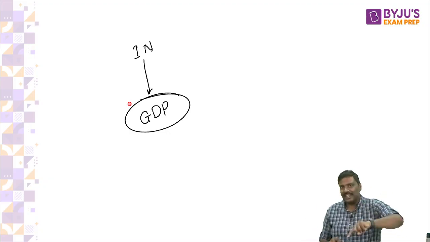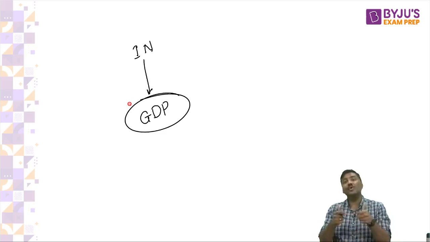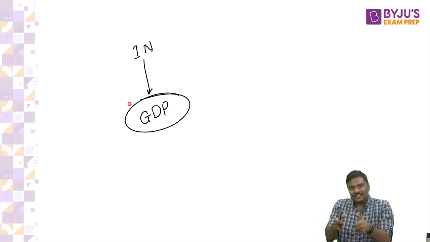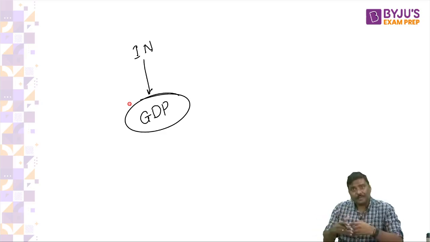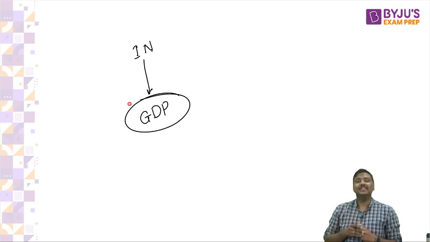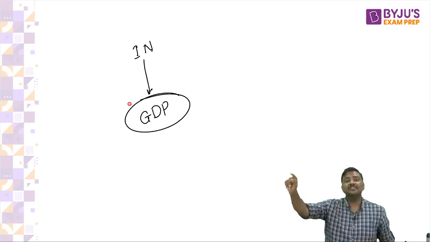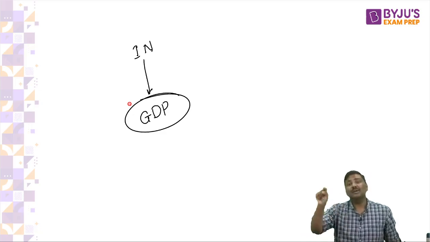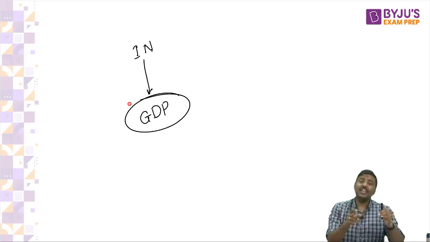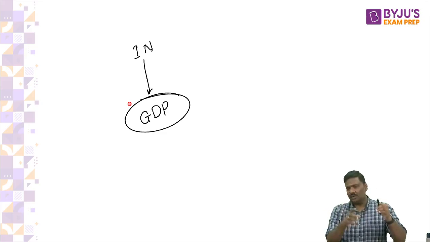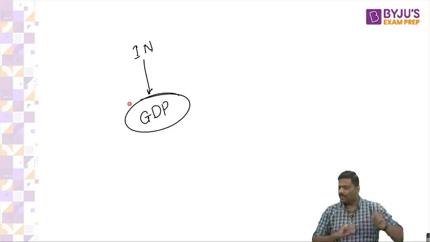When you look at the GNP, you can realize that Indian nationals, let's say companies, owners, entrepreneurs, employees, are earning this much money and making this much profit, etc. That's the reason GNP is a better qualitative tool compared to GDP.